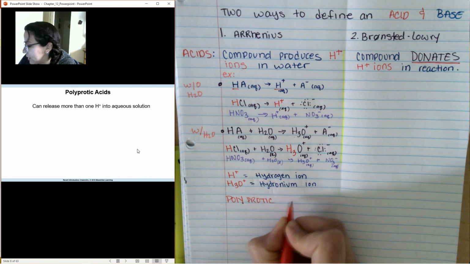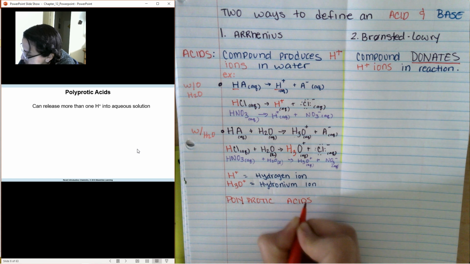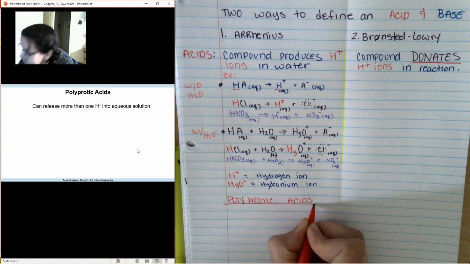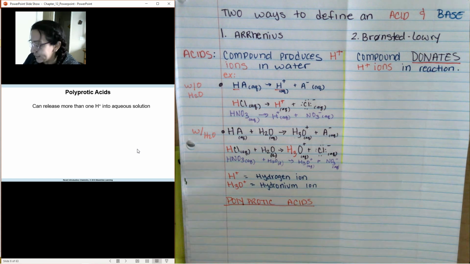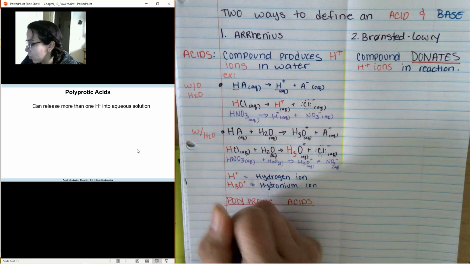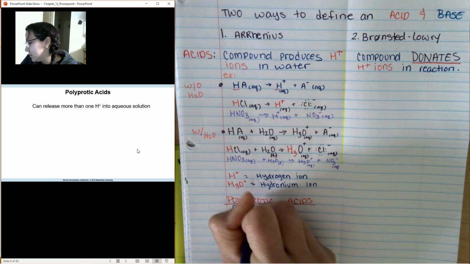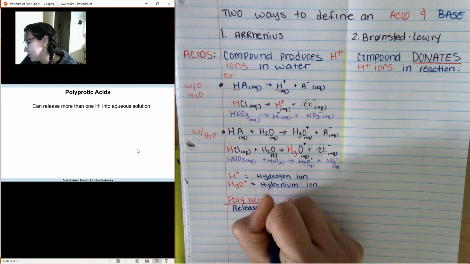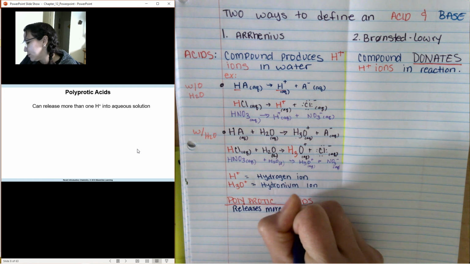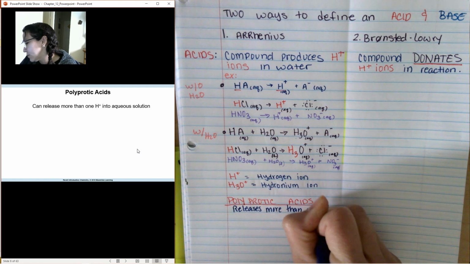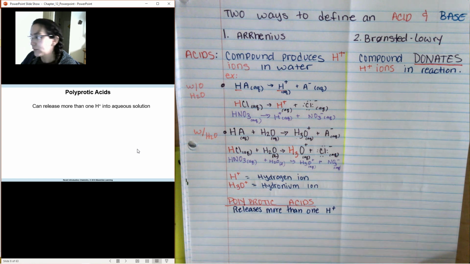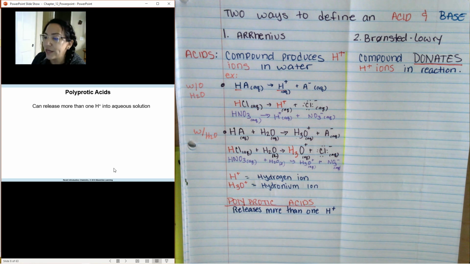A polyprotic acid releases more than one hydrogen ion.